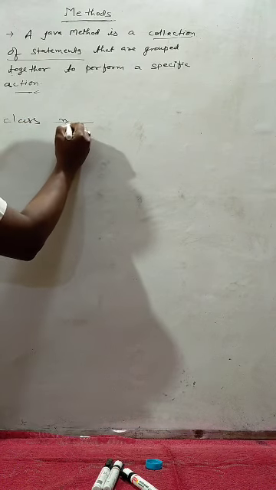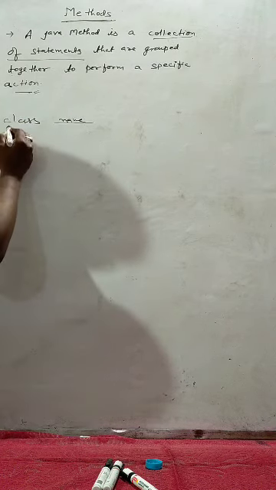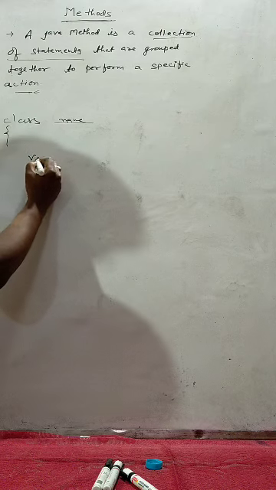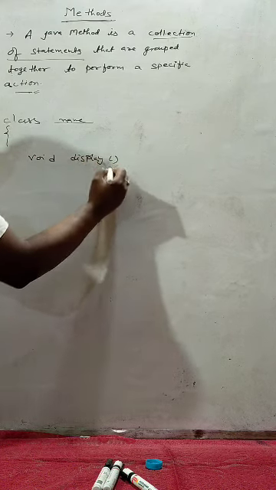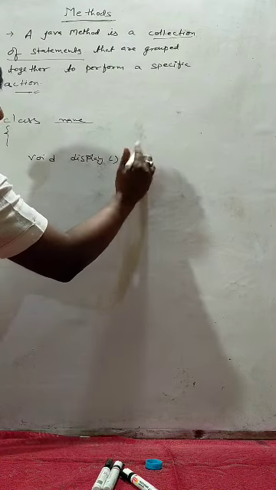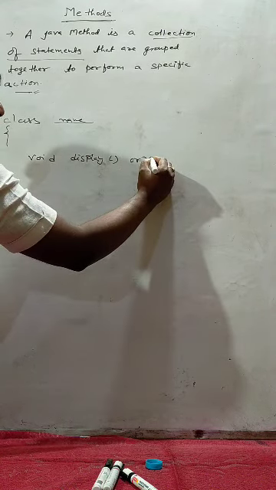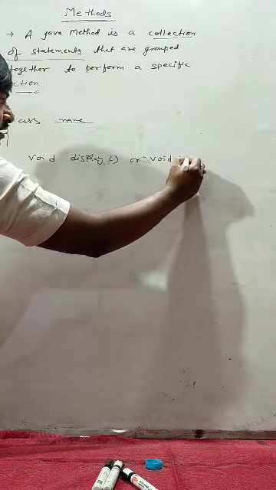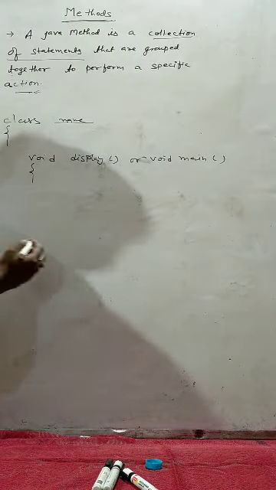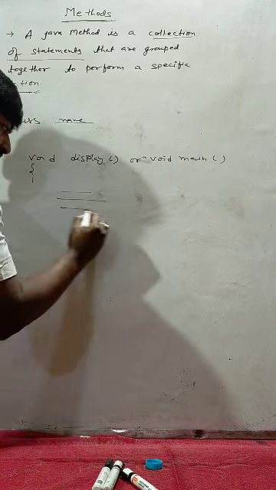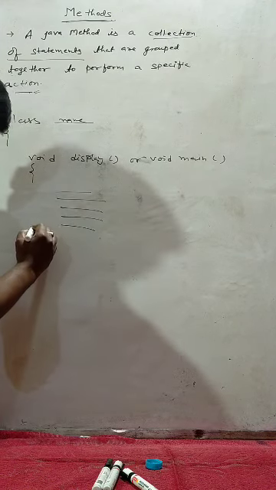Class, any name, that means class name, opening bracket, void display, or sometimes we use void main, then again opening bracket, then some statements of the program, and then closing bracket.